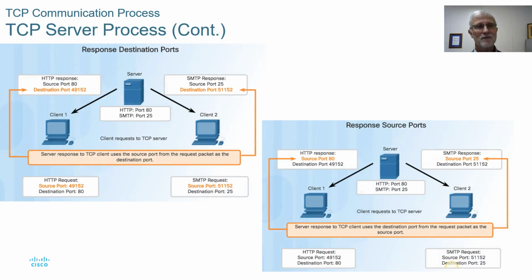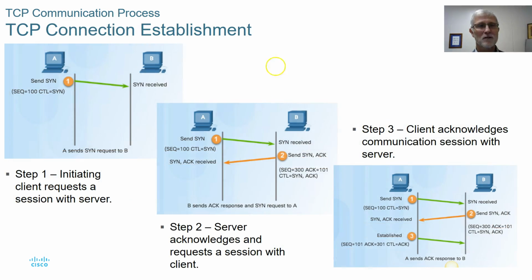I'm less concerned about this process, but I am concerned a lot about this establishment process. It's a three-step process, a three-way handshake. Step one: the client requests a session with a server, so it sends a SYN, a sync command.